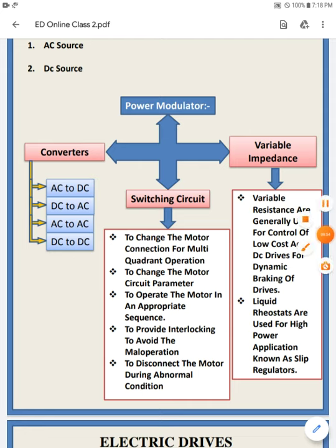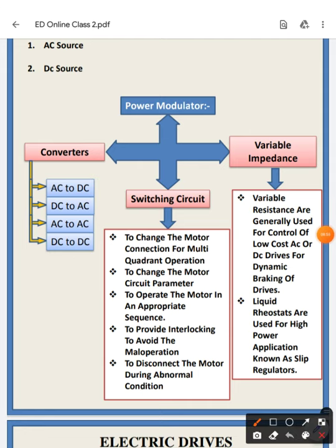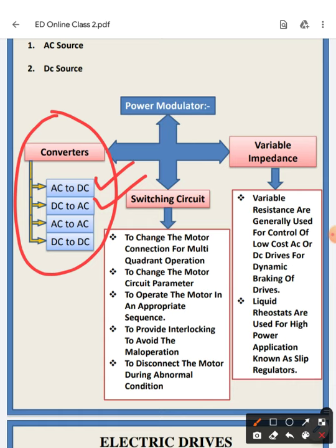This converter is generally used to convert AC to DC, DC to AC, AC to AC, or DC to DC. According to the requirement of the electrical motor, you need to convert the input voltage supply to the desired output voltage supply.